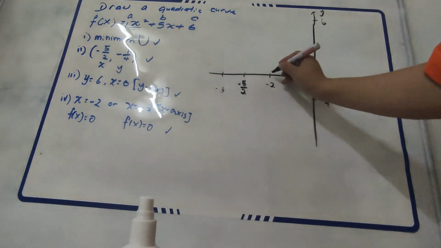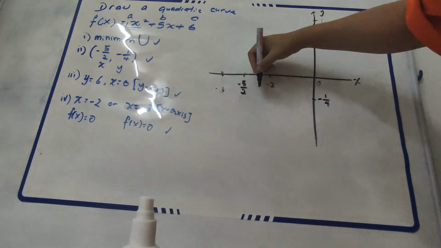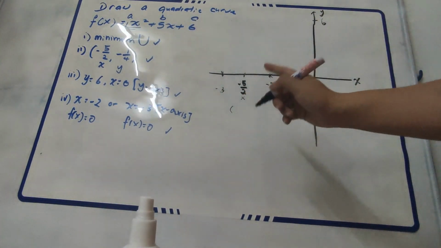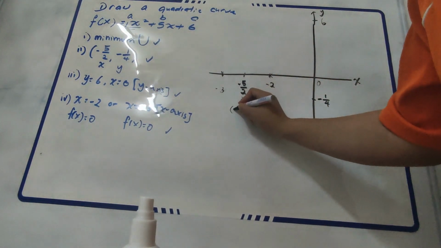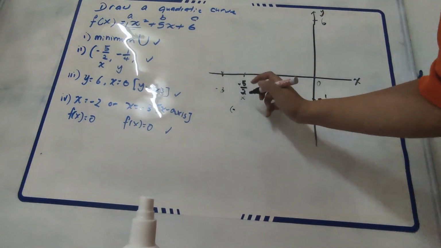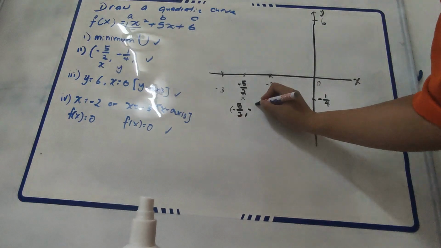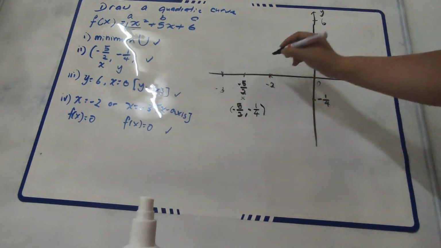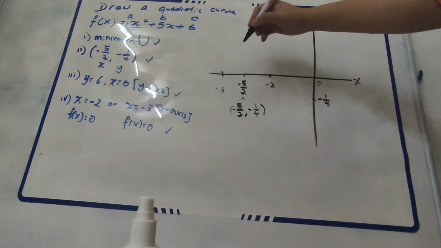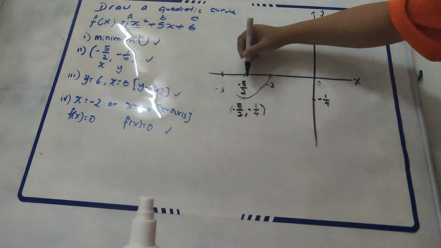So after you have all this, you put a cross here, a cross here, and a cross here, and then please label, because your scaling might not be accurate. So 5/2, quarter, and here also label. My drawing might not be so good, but this is how you draw it.